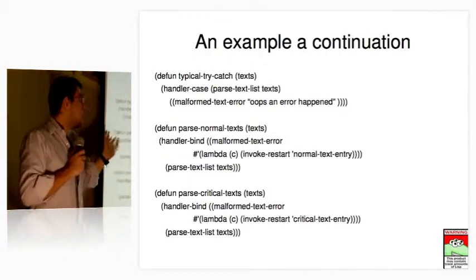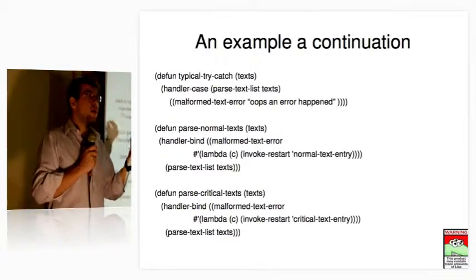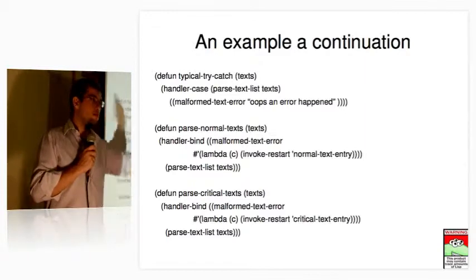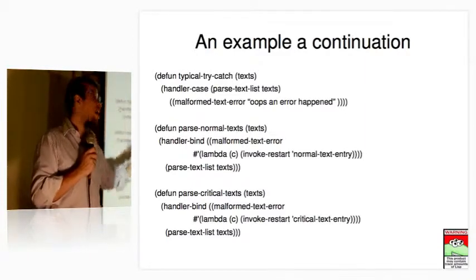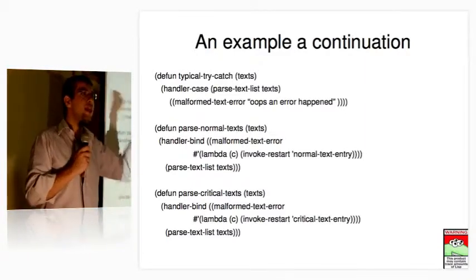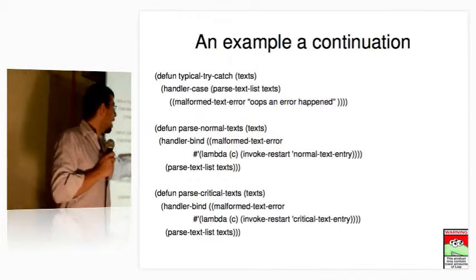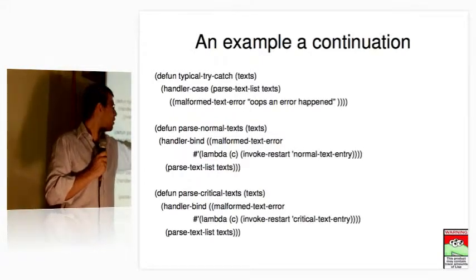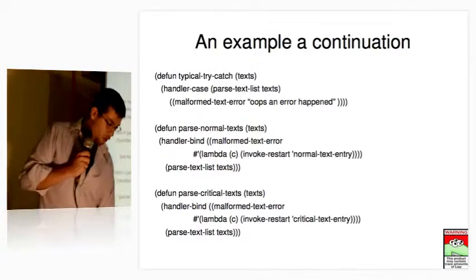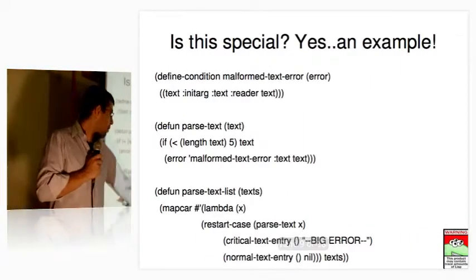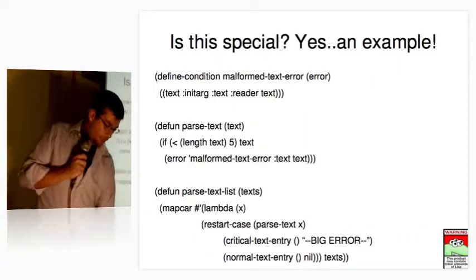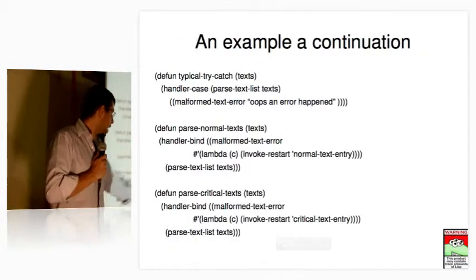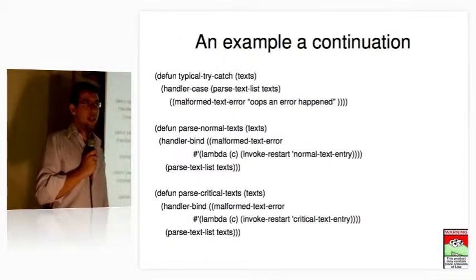If I bind to the type error, malformed text error, which I've defined, any time a malformed text error happens, I'm going to invoke the restart normal text entry. And if you remember, normal text entry simply prints nil. And for critical data, I'm going to invoke the critical text entry.